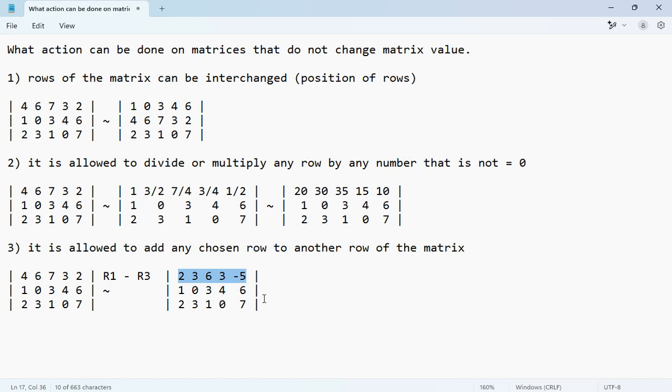And it is also possible to make one more modification. From this row, you can subtract that row. This is also possible. And you can write row 3 minus row 1 now.